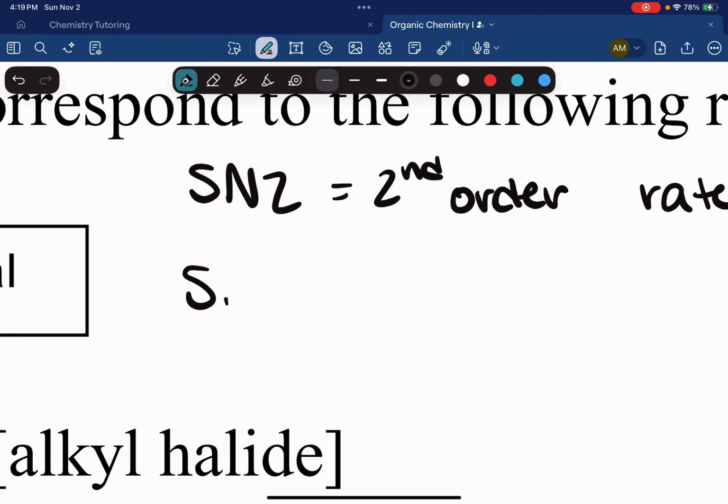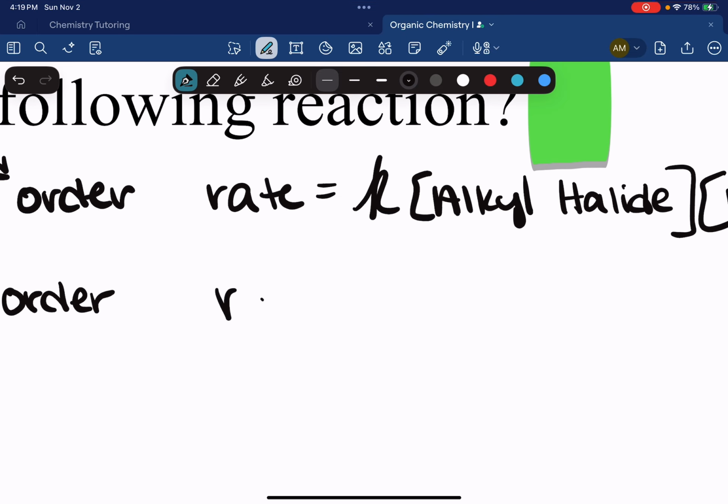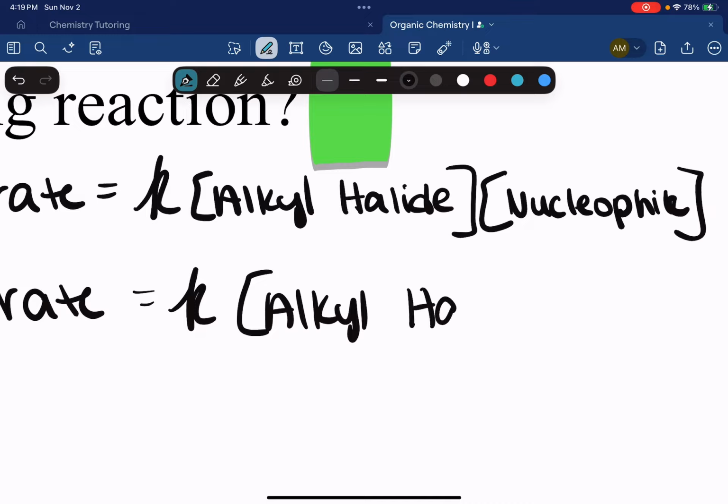What about SN1? What kind of order is it? First order. You guys are so smart. So proud of you guys. What is the rate of an SN1 reaction? That's right. It's just the alkyl halide. We talked about that extensively earlier.